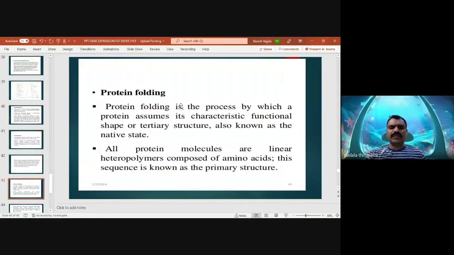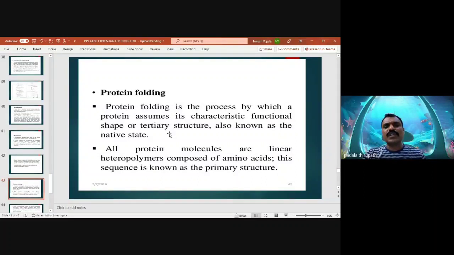Then protein folding. What are we going to understand about protein folding? In the biochemistry of proteins, we know the primary structure, secondary structure, tertiary structure and quaternary structure. We have already studied the structures of the protein. Among these four types, which one is most active for the biosynthesis or physiological process?